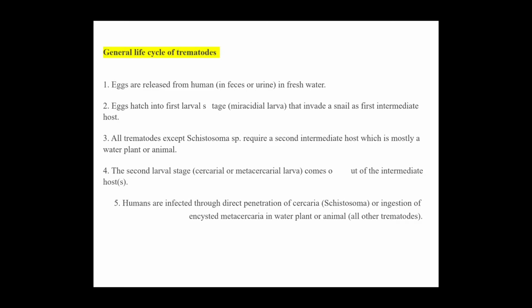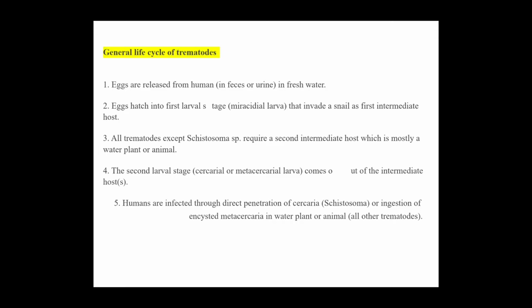All trematodes except Schistosoma species require a second intermediate host, which is mostly a water plant or animal. The organ-dwelling trematodes need more than one intermediate host, but the blood group, Schistosoma species, have one intermediate host. It is different from that.